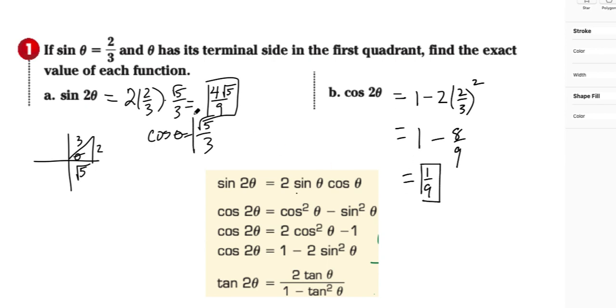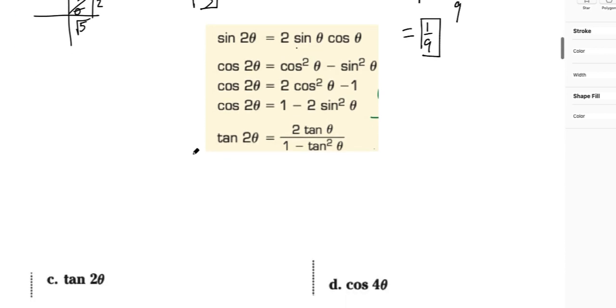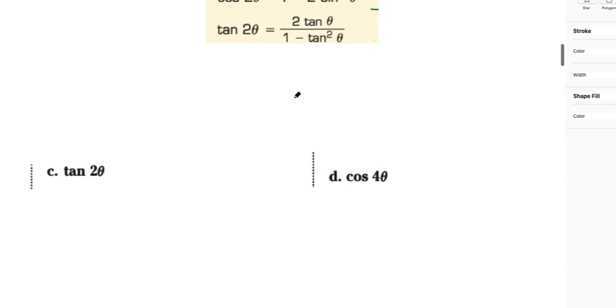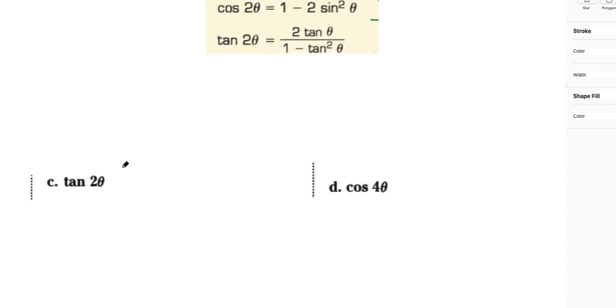Let's try some more. These are kind of fun. So we're going to scroll down here to tangent, and let me see if, well, I think we'll be able to have that with us. So the tangent is going to require that I know the tangent of 2 theta. Well, let's go back and think about what our situation was. Remember, we're in this first quadrant situation. We have 3 being the hypotenuse, 2 being the opposite, and the square root of 5 being the adjacent.